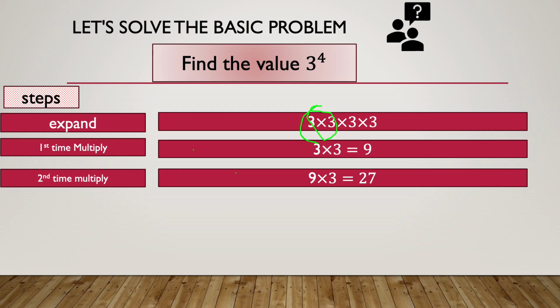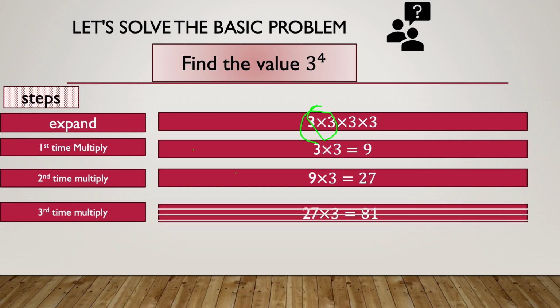How many times have I multiplied? 1, 2. What is the answer I got? 27. Now I multiply 27 by the last number 3. There you go. Now what is the number? 81.